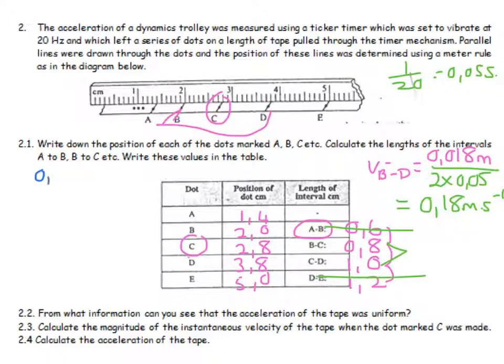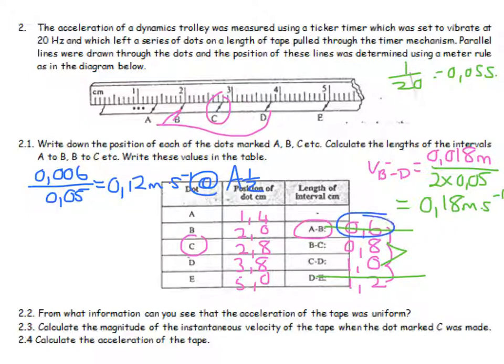So it becomes 0,006 divided by 0,05. It is one space, and it turns out to be 0,12 meters per second. That is the average from A to B, which means it is true at a.5. So that was my 0,6.